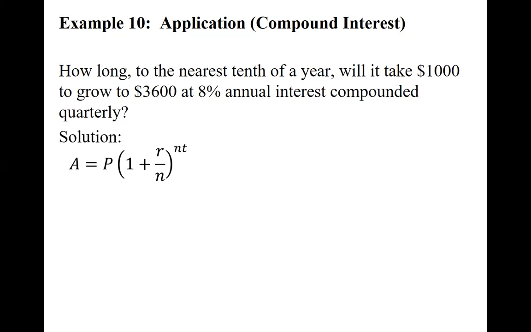Compounded quarterly means that there are n equals 4 compound periods per year. T is what we don't know. How long is the question that's being asked? We know everything except T.